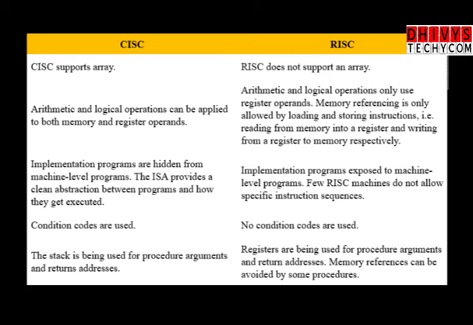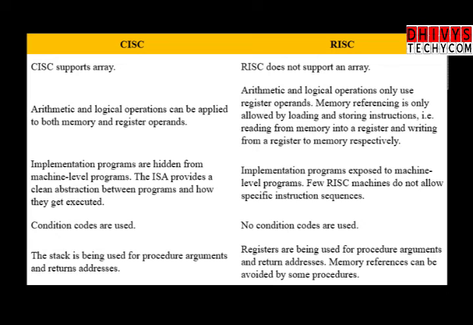Since we have gone through 8086 and 8051, here in RISC-based systems we'll have only register operands, but in CISC you'll have memory and register operands. And here it is hidden from machine level programs, while in CISC the implementation is exposed to machine level programs. Condition codes are used in CISC; no such condition codes are used in RISC, right?